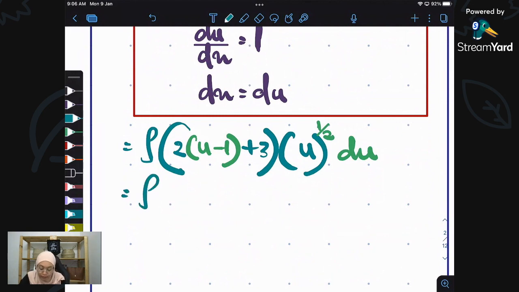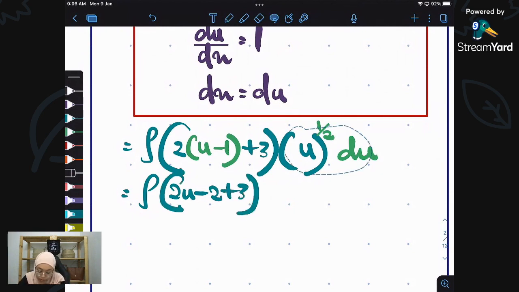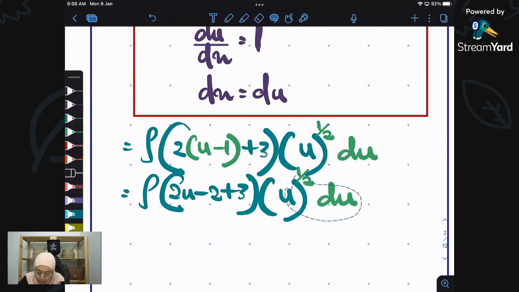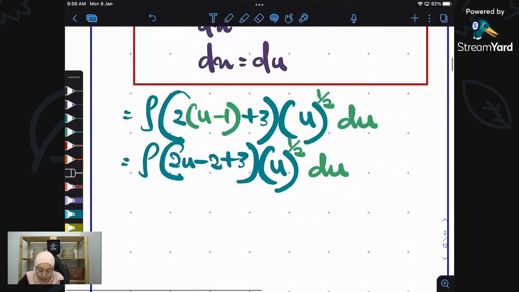This one, we can just simplify. You will get 2u minus 2 plus 3. Back here, you just copy paste. And then I simplify again, I will get 2u plus 1.